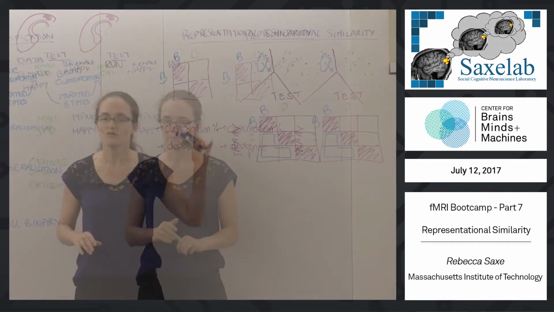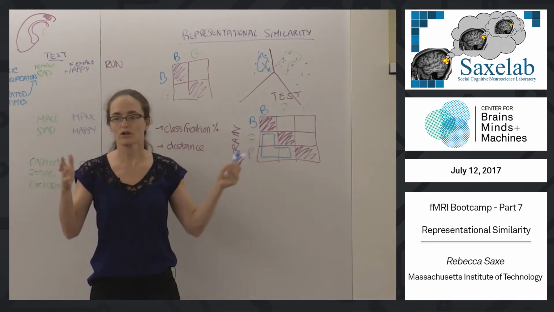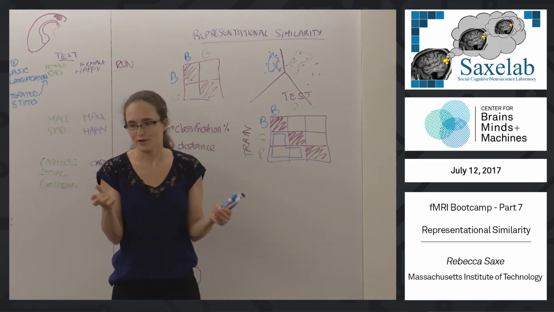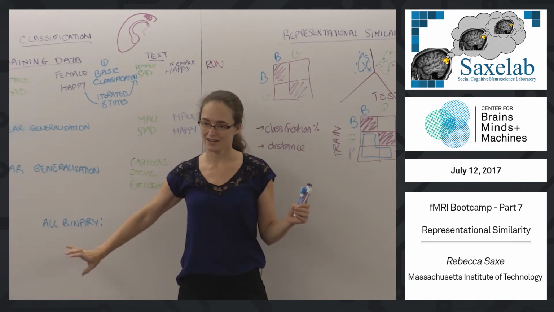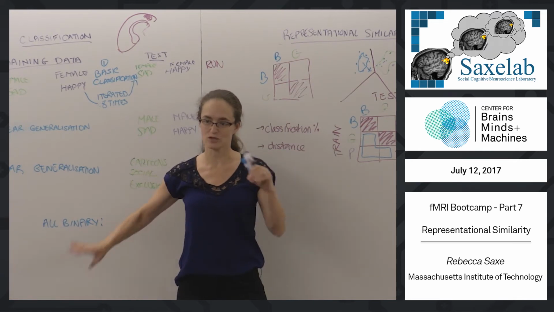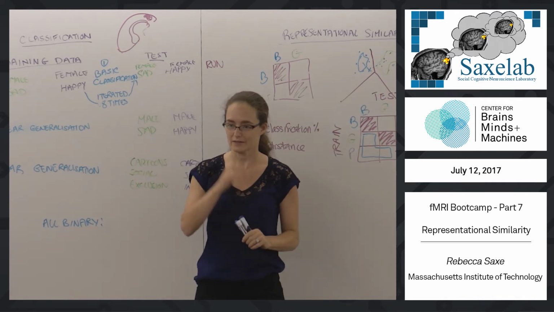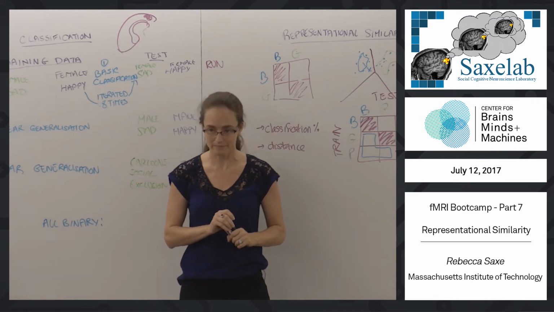Representational similarity analyses in general are a more general formulation. It depends exactly how you implement it, but in principle you can encompass everything you would do in a classification and generalization analysis, and more. So it's in some ways a more general form.